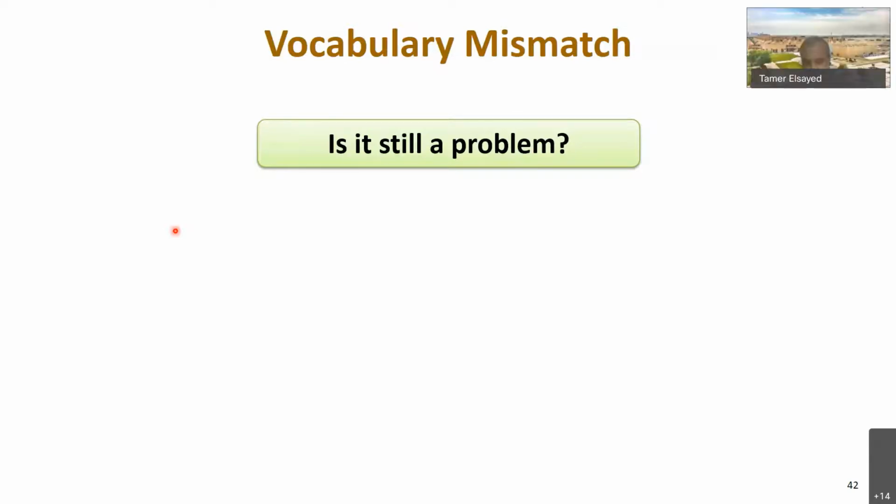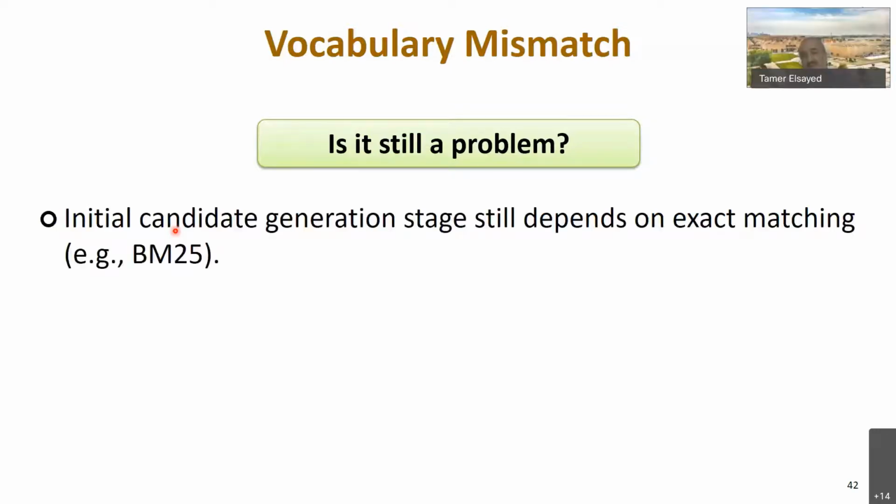The base retrieval is done by BM25 or QLM, so they will retrieve on the basis of exact match. Exactly. Thank you, Hera. So the basic retrieval step still depends on exact matching. Remember, the semantic matching is done based on the ranked list that we get initially from exact matching retrieval models.